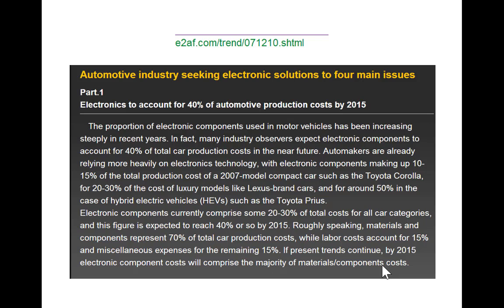Today, electronics accounts for about 40% of automotive production costs. And that percent will increase a lot in the future. So when you see an automobile driving down the road, it's really become, or is becoming, an electronic gadget.